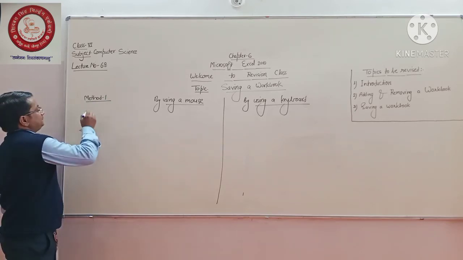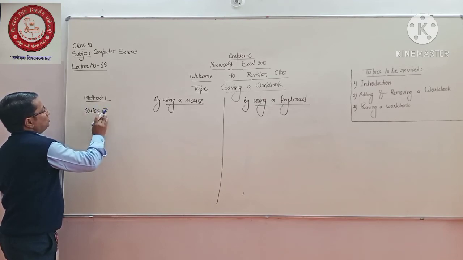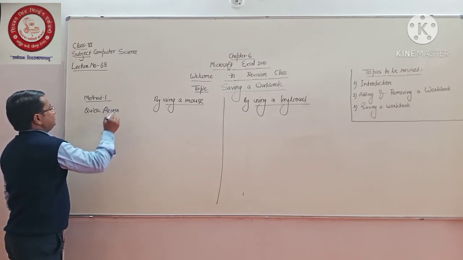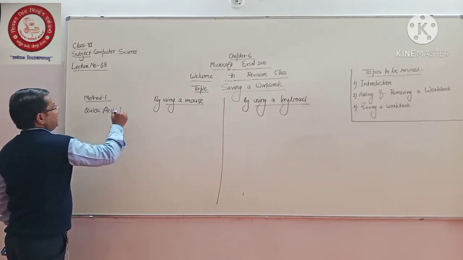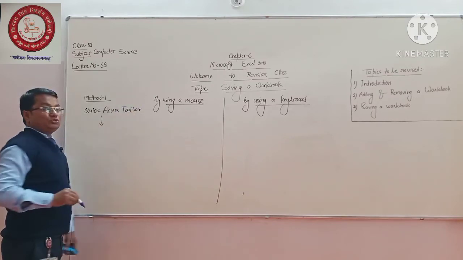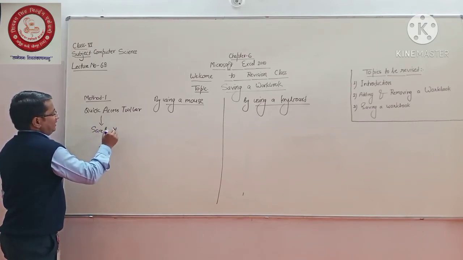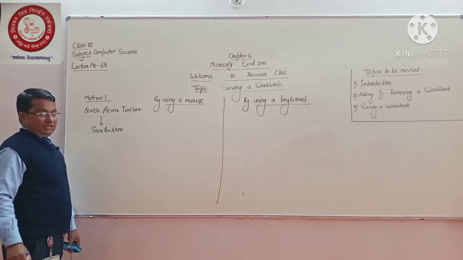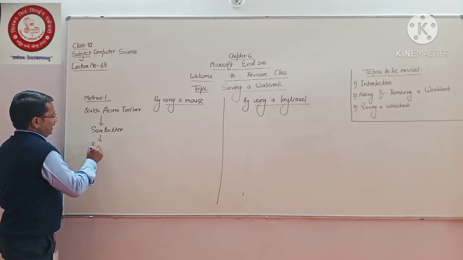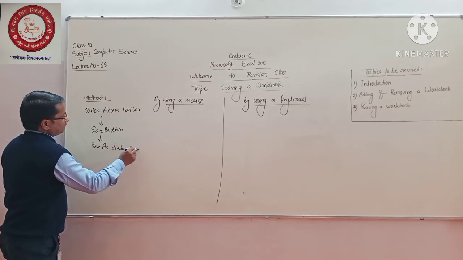In this method, first of all, go to the title bar, and on the left side of the title bar you will find the Quick Access Toolbar. In this toolbar, the Save button is already available. Click on the Save button. Immediately you will get the Save As dialog box.